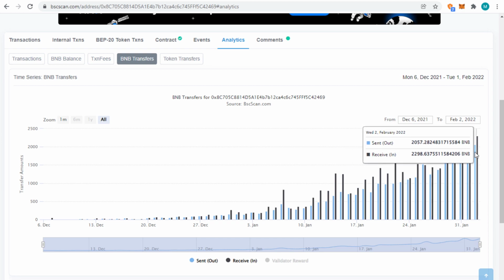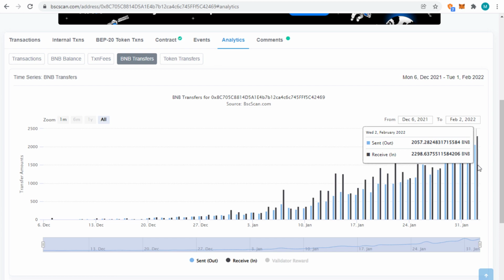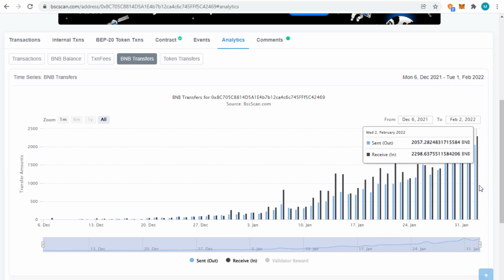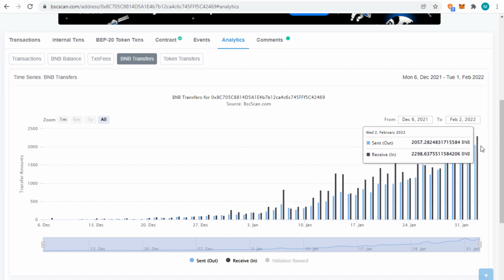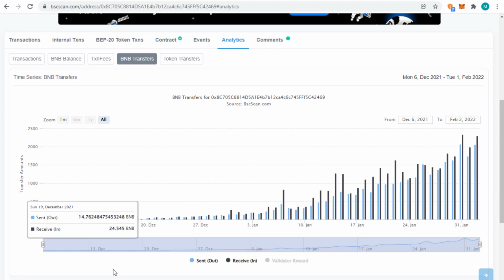To me, it looks very healthy, and as you can see, the black line shows received in. So there is more received to the platform than withdrawn, and it's going in a really good direction. In fact, today I also added a lot more into the mix. So this is how the trajectory looks for FastBNB.